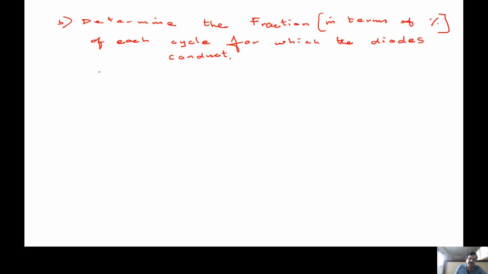So I need to find the total. The fraction is given by the conduction fraction.